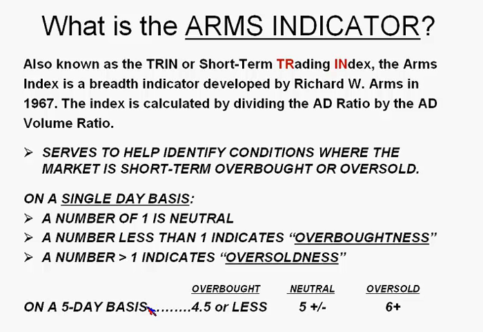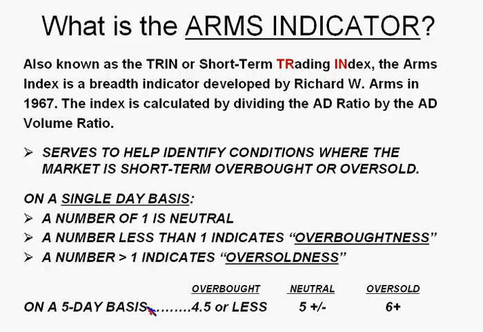If, on the other hand, because a big number means we're oversold, you get a 5-day total that's greater than 6, that's telling you that the market is short-term oversold. If, however, you had 5 days and they total out to be 4.5 or less, that means that you had 5 days where either they were so low they overrode it, or individually they were less than 1 every one of those 5 days.